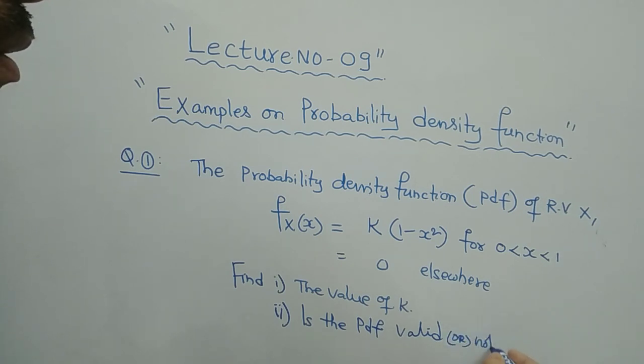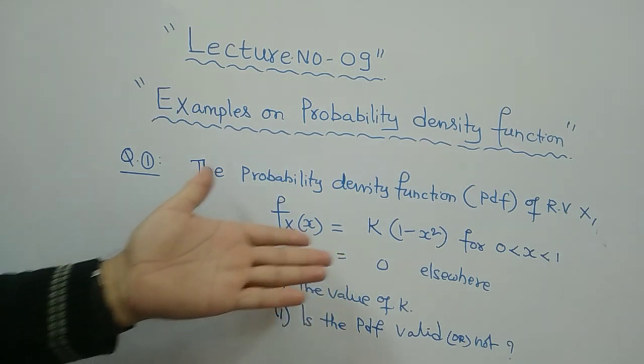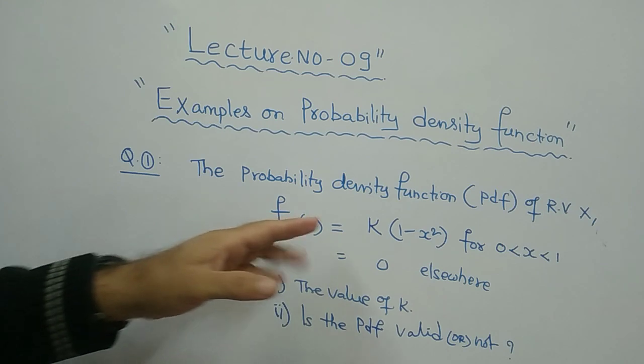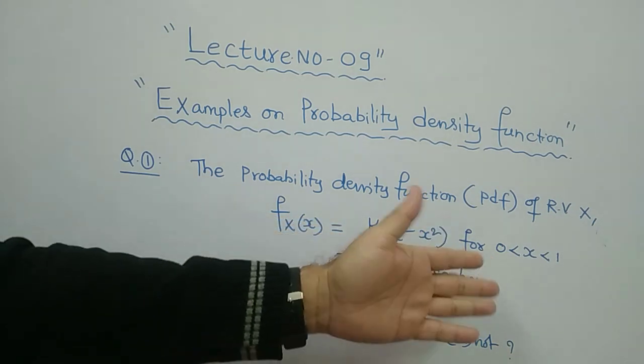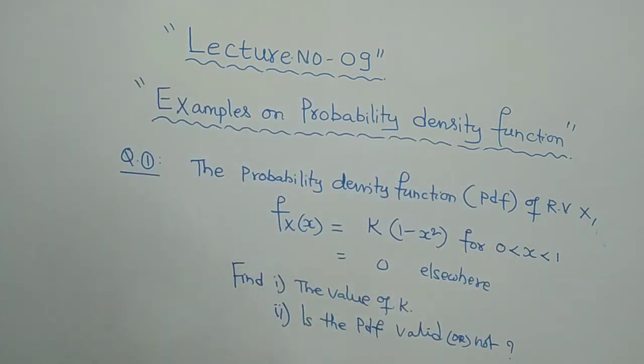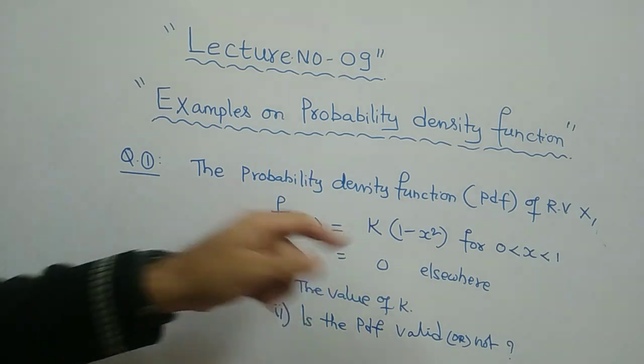Is the given density function a valid density function or not? That is what the question is. The distribution is f of x equal to k into 1 minus x square, defined over the interval 0 to 1. How to solve for k?